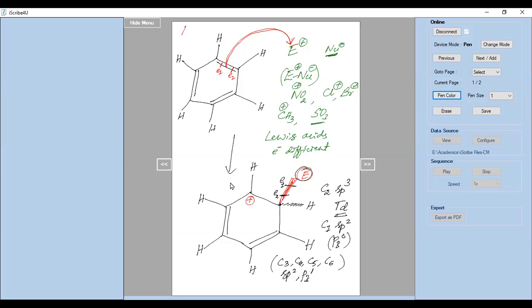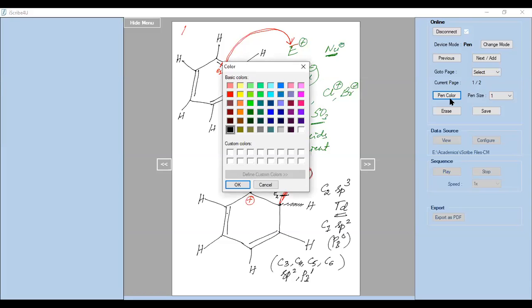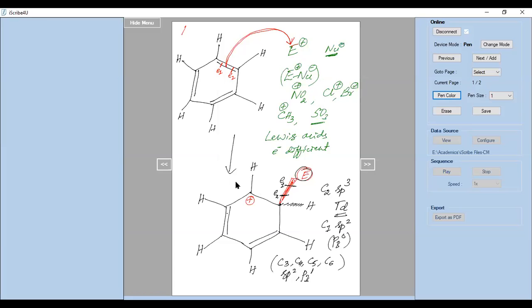In the next step, the positive charge which is formed on the carbon atom 1 will be shifted to the fifth carbon atom by formation of a new pi bond between C1 and C6.